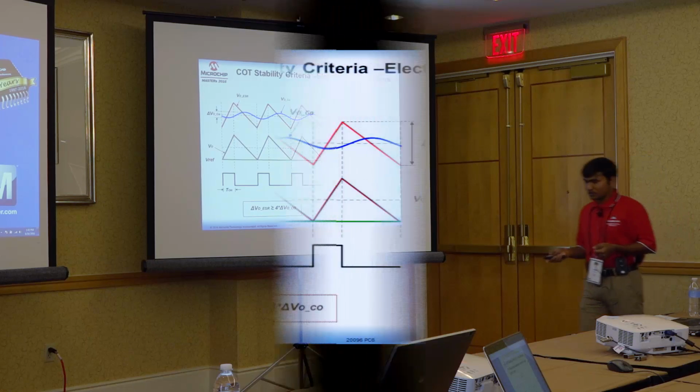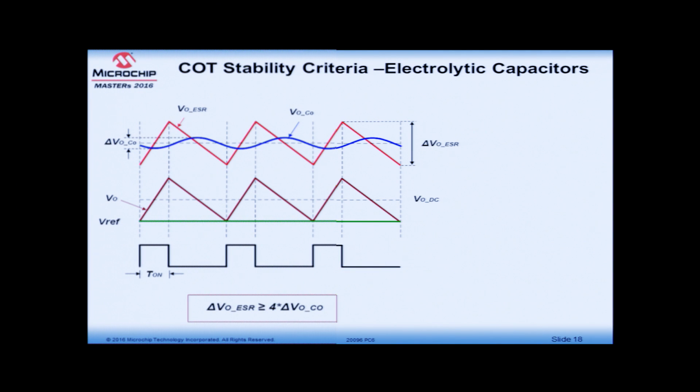Now we will understand how to make the COT system stable for different output capacitor chemistries. The power stage can be designed the same way as you design for any power system, either voltage mode control, current mode control or any control mode.